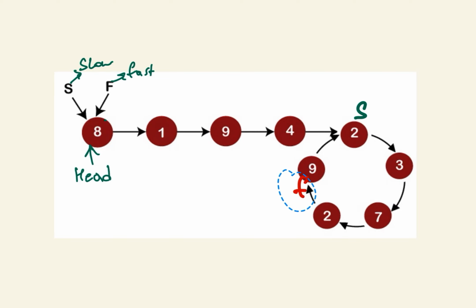Both of them are now in the cycle, and they will meet after some operations. So slow will be equal to 3, and after that fast will also be equal to 3, and we can see they have met, yes. And that means the linked list has a cycle.